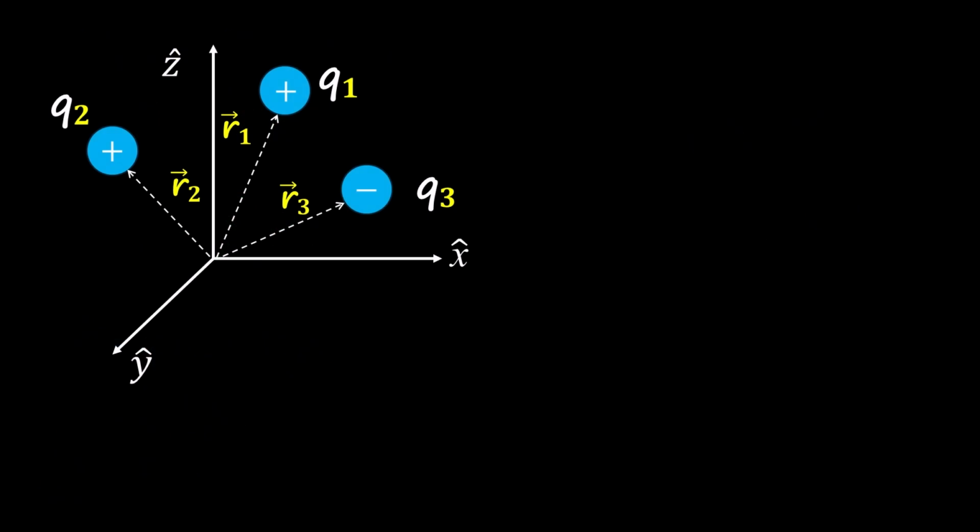Let us take another example of a system of discrete charges. But now what we will do is we will try to calculate the potential at a distance which is very far away from the charges.